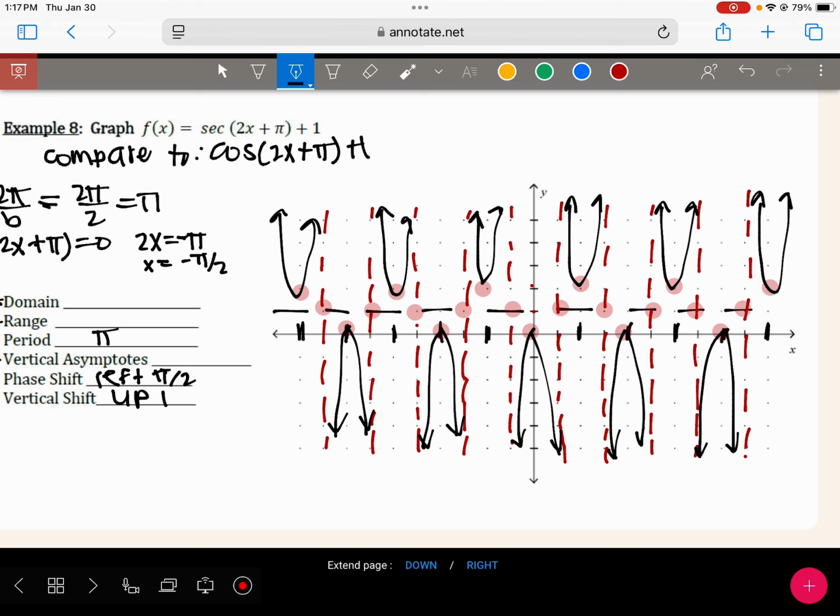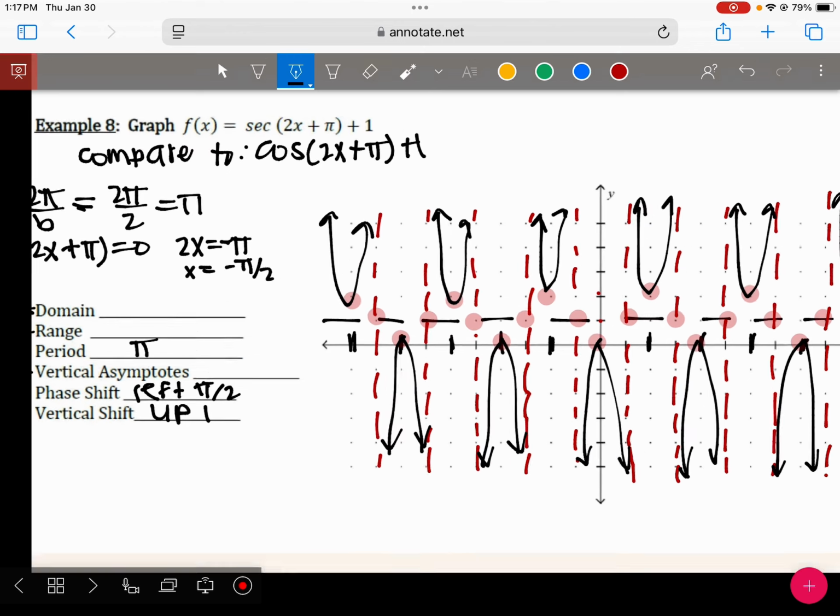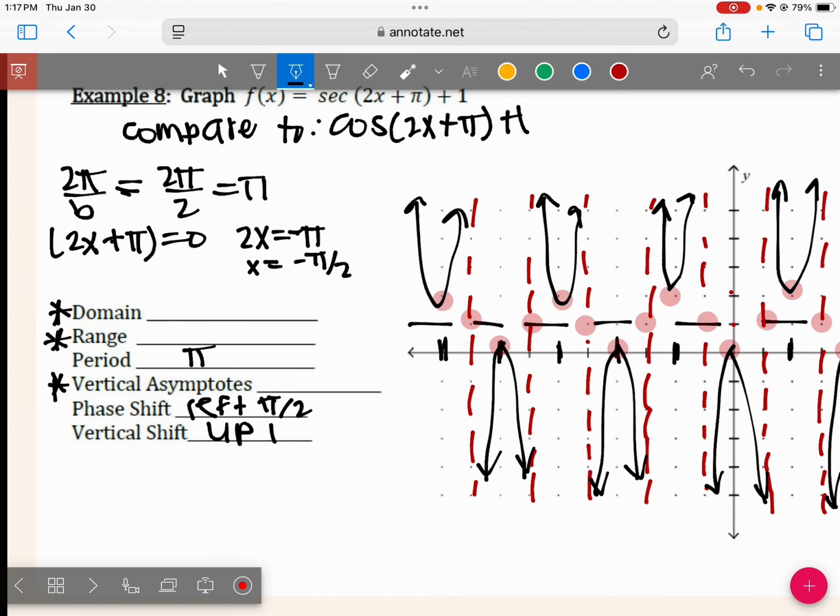On our just dotted lines, what's our range? What are we bouncing between? 0 and 2. So our range on this function is going to be everything that doesn't include that.